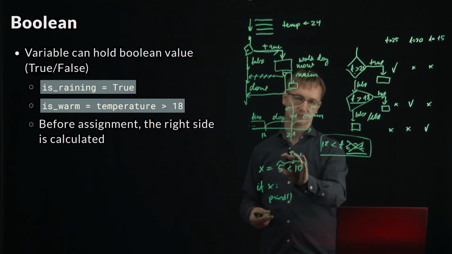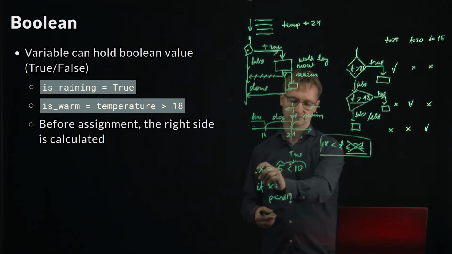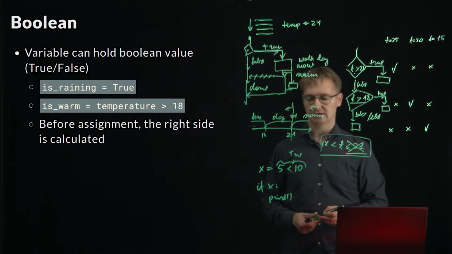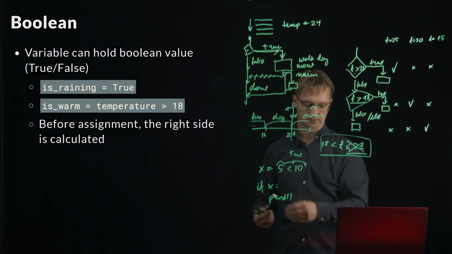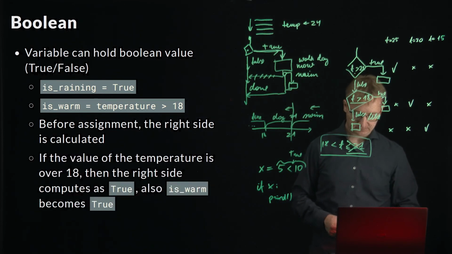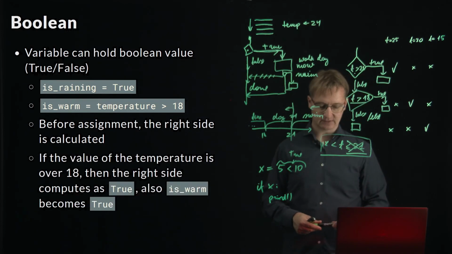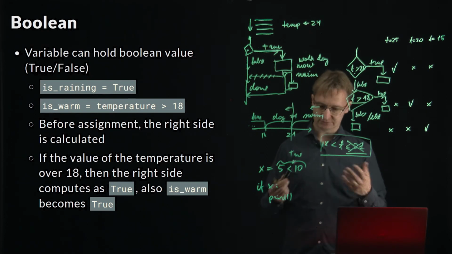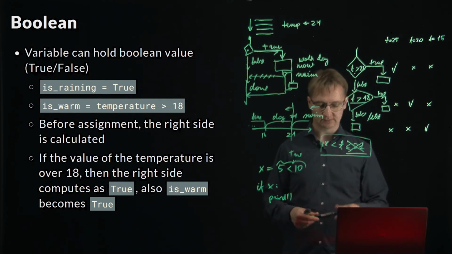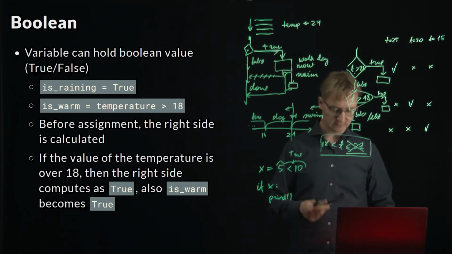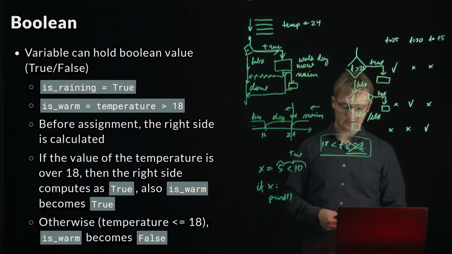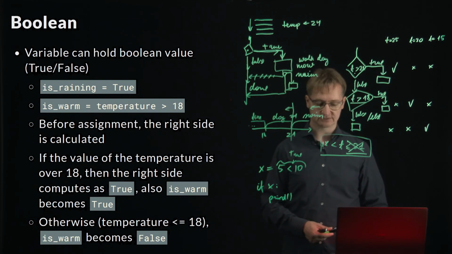We just have to evaluate the right side of this statement. In our case, it can be true or false, and this true or false is stored in a variable. So if the temperature is over 18, the right side becomes true, and the is_warm variable also gets a true value inside it. Otherwise, is_warm becomes false.